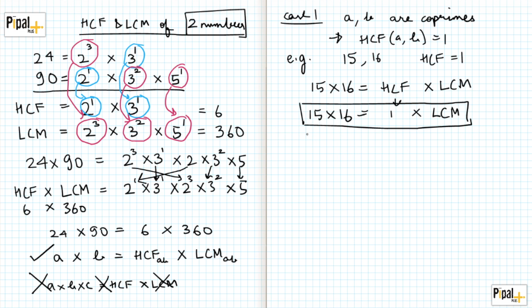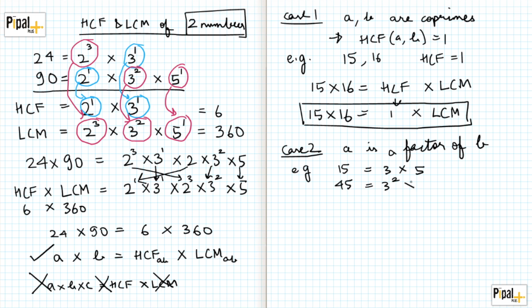Now case 2. The second interesting case is that one of the numbers is a factor of the other. So if A is a factor of B, let's see what happens. Let's take the example of 15 and 45. Now 15 is 3 times 5, so I prime factorize 15, and 45 is 3 squared times 5, 9 fives are 45.